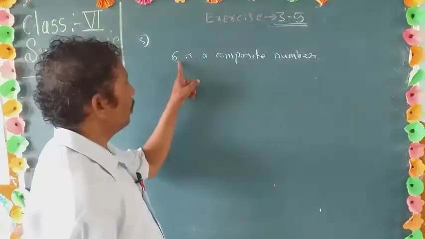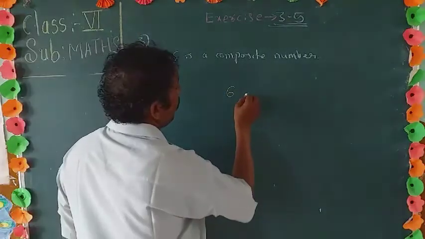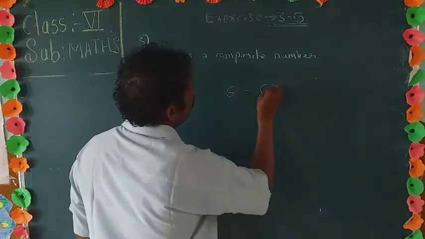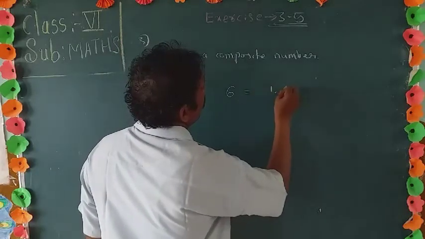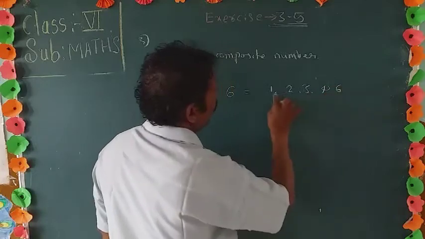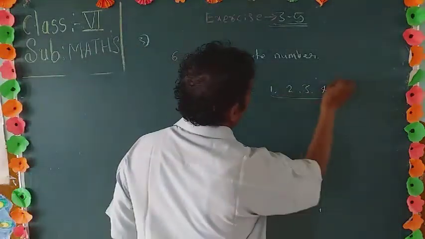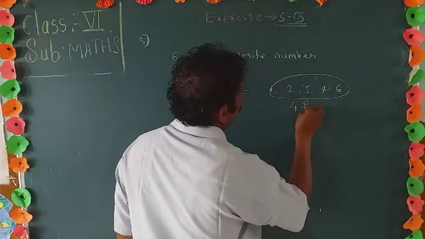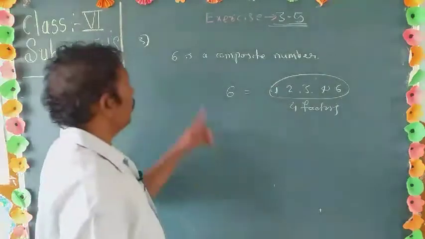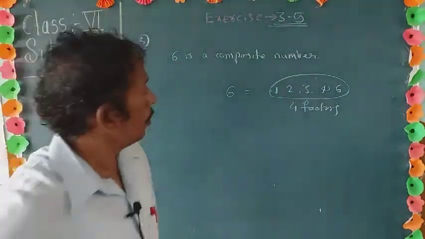Yes, 6 is a composite number because 6 has more than 2 factors. Factors of 6 are 1, 2, 3 and 6. All these are the factors of 6. There are totally 4 factors. Therefore, the number 6 is said to be a composite number.